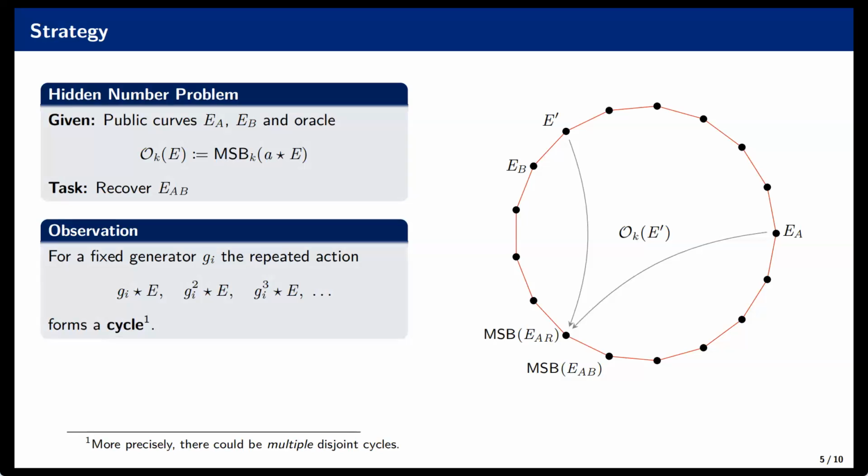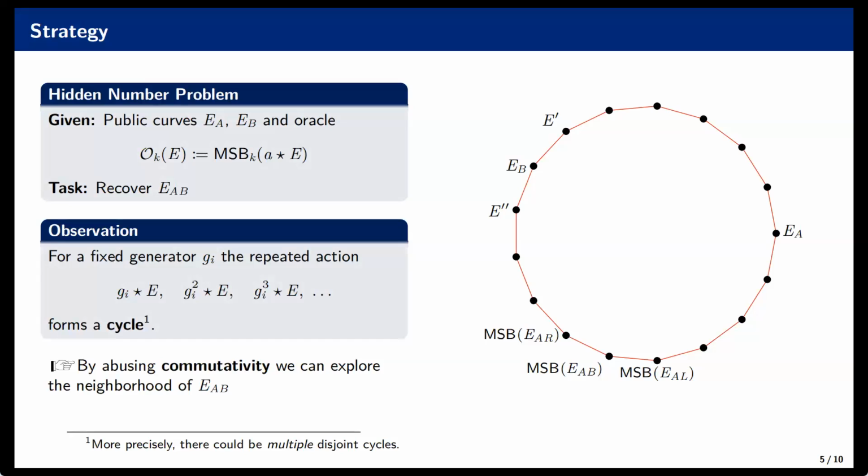This is essentially due to commutativity. Of course, we can also do the same with the left neighbor, where we now need to use the inverse generator. So essentially, by using commutativity, we can explore the neighborhood of this curve here. And the hope is that this additional information tells us what the secret is.